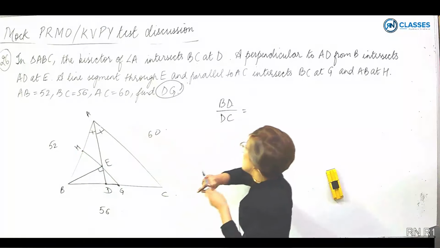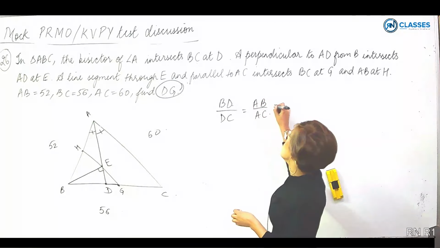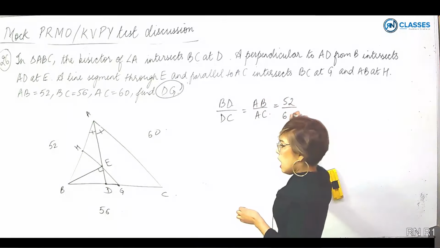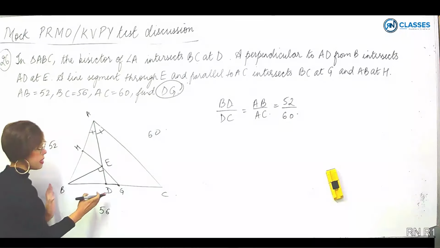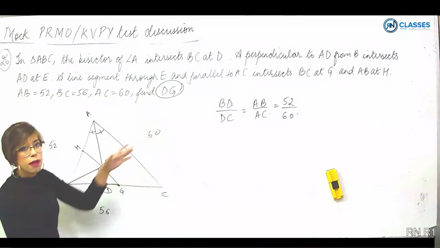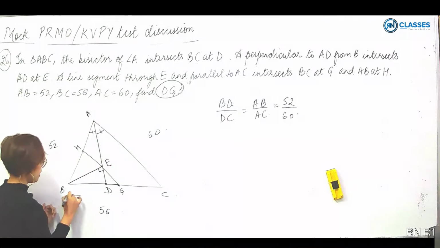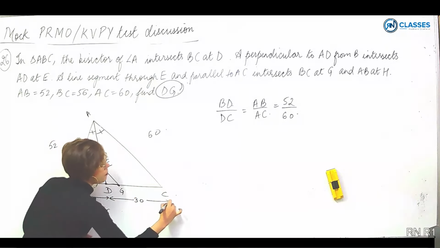So, AB by AC, which is 52 by 60. You can easily find out, you can put this as times 56. You can write the value of BD, which turns out to be 26, and this turns out to be 30.